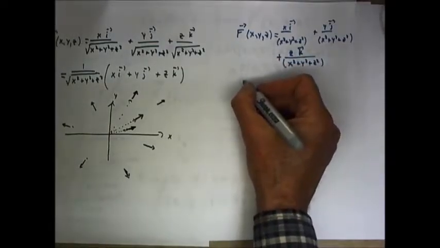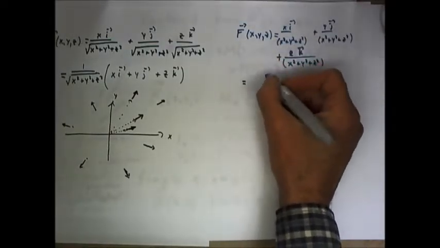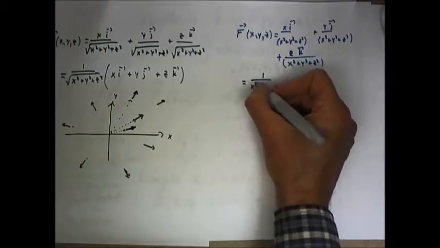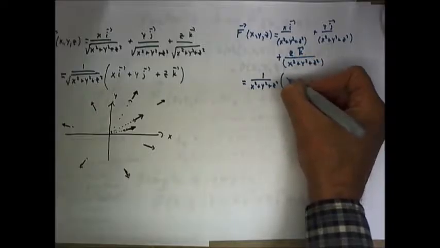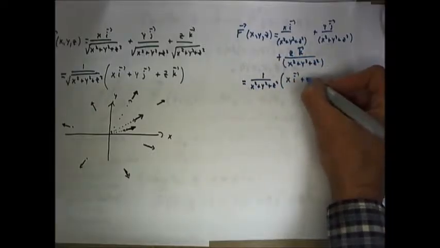Factoring out the common factor 1 over x squared plus y squared plus z squared, we get this.